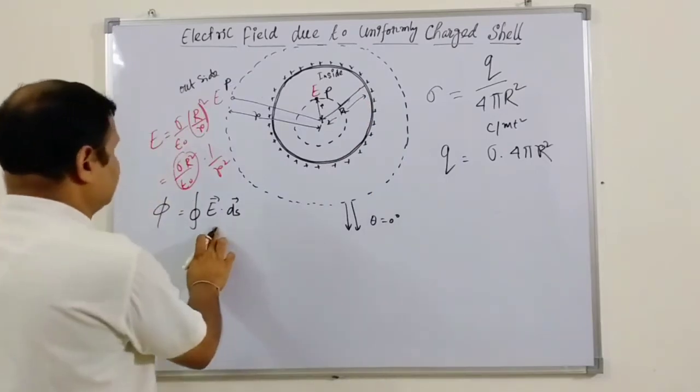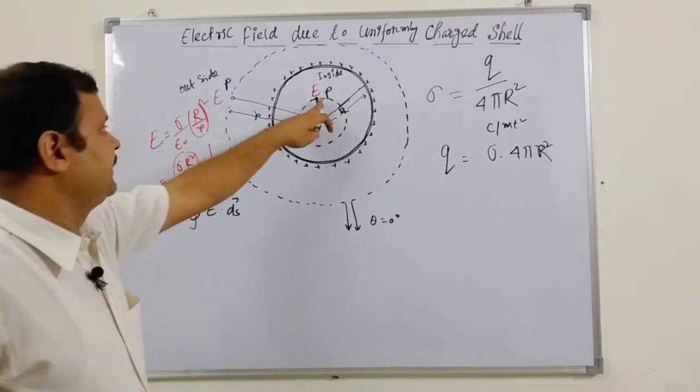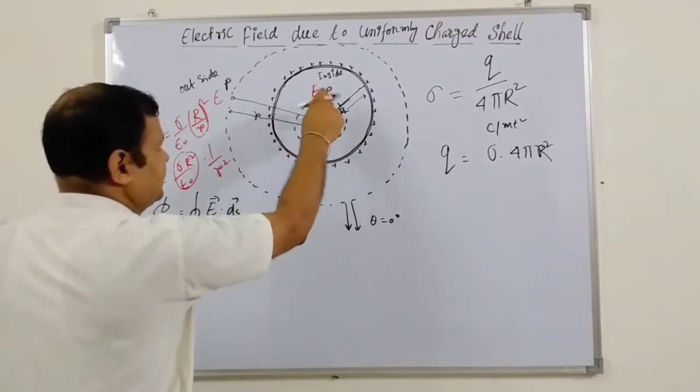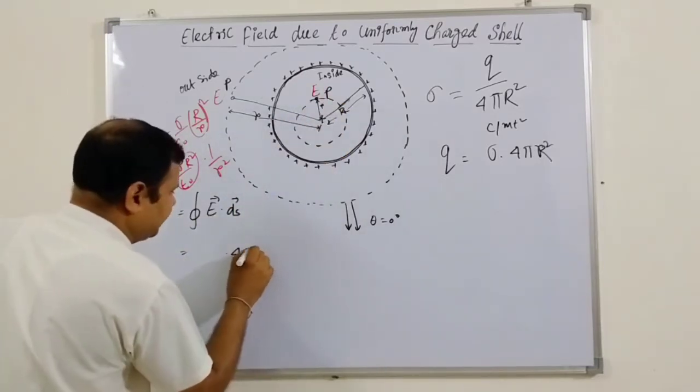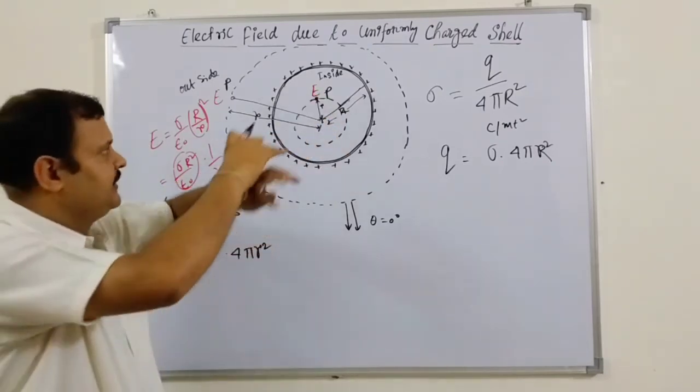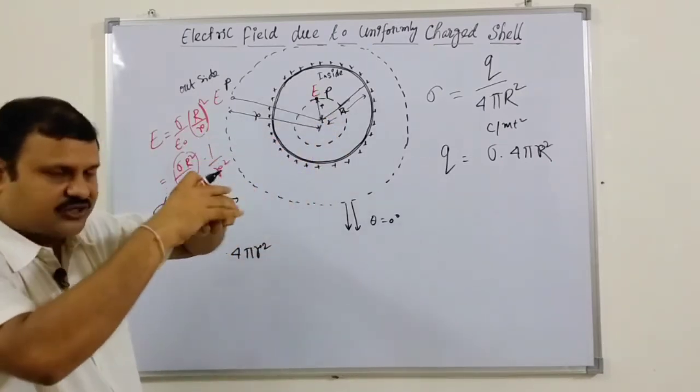So this is also the flux phi at P, the closed integral of E dS. Now you see, this area is again 4 pi r square. That's sure, that's not an issue. The radius is smaller, so this is a smaller sphere, a closed cell inside this one.